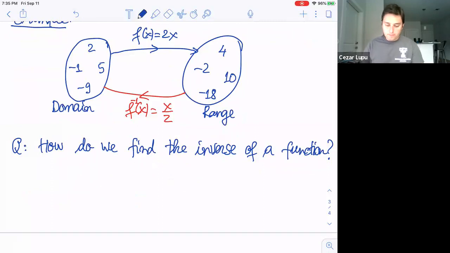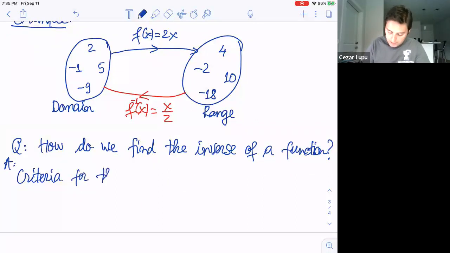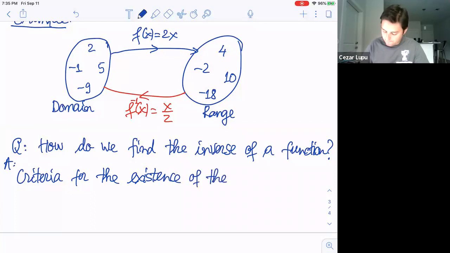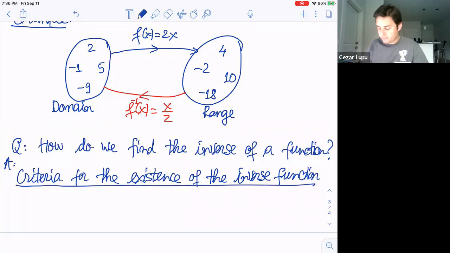Let's see what kind of criteria. The answer is given by the following criteria for the existence of the inverse function, and let's see under what conditions the inverse exists.